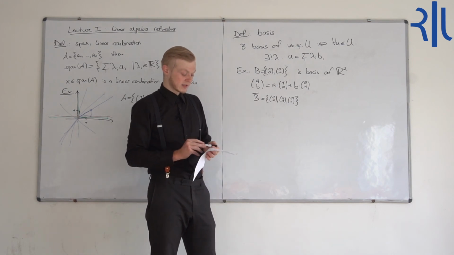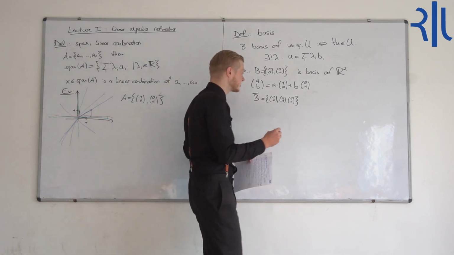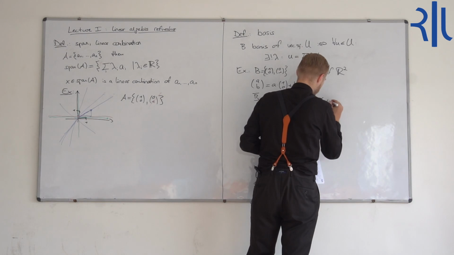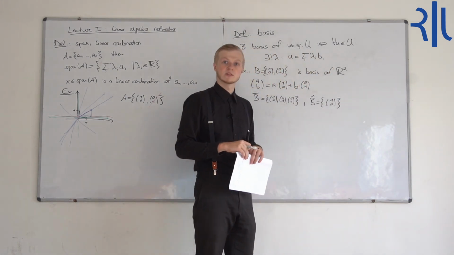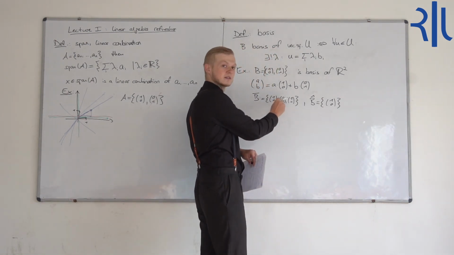So here the representation would not be unique, it is not a basis. Also, if B hat just containing (1, 0) wouldn't be a basis either, because you could not represent (0, 1).